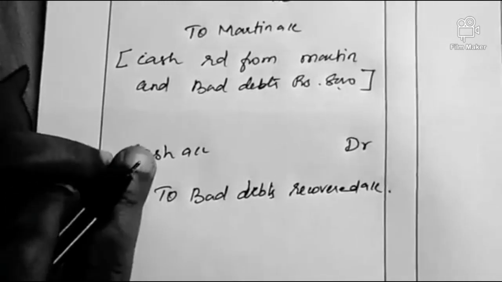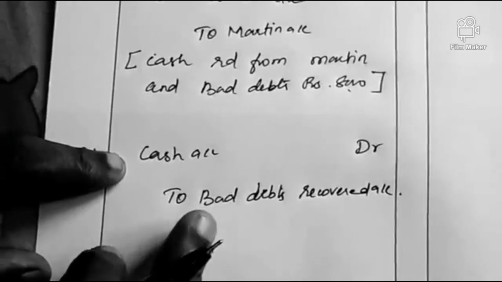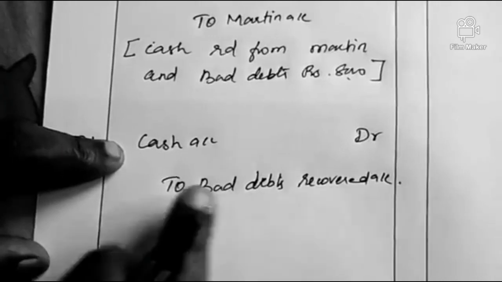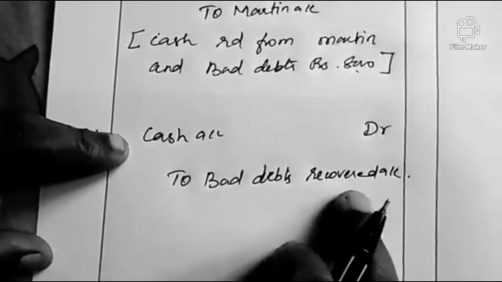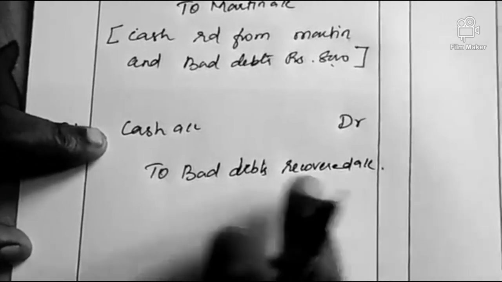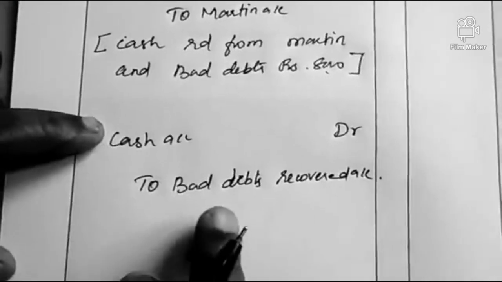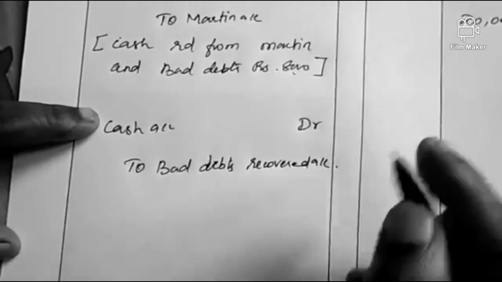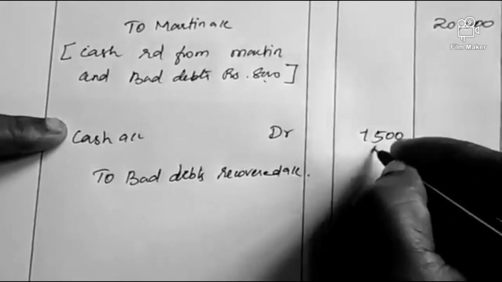But this year you have recovered the amount which was already written off. So when you receive bad debts recovered, it will be credited. Why? Because it is an income. Cash comes in. Bad debts recovered is an income, no. So enter this amount under the credit side. How much amount? 7,500.